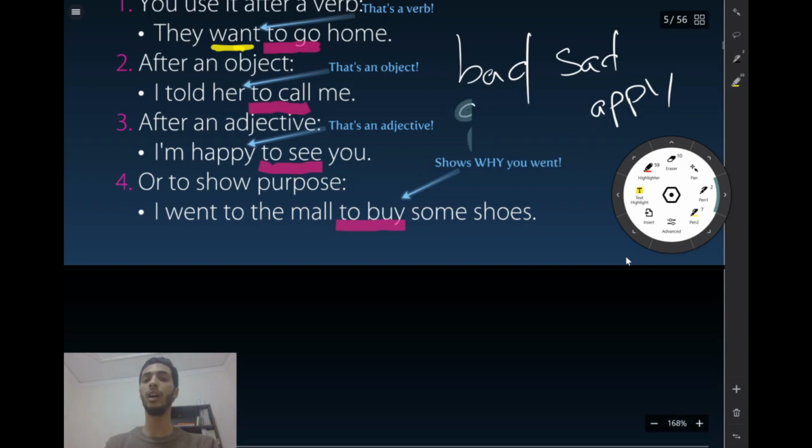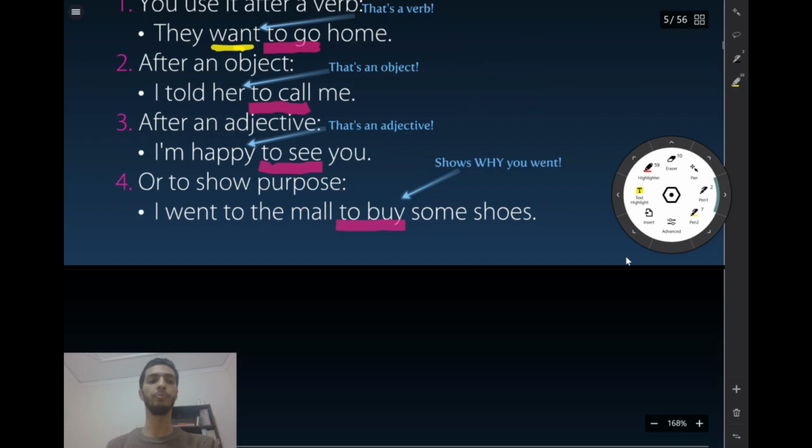Okay? Good car, happy boy, sad person. So to describe the noun, we use it to describe the noun. Now I am happy to see you. We've used here the infinitive after happy.